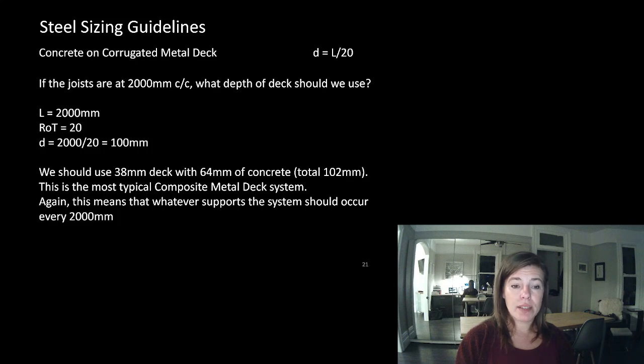The metal deck on its own is usually our roof system. So if we're talking about these being used in the range of normal, these sizing guidelines know that we're talking about different loads. Even though there's no loads in these calculations, we know that metal deck by itself is normally a roof and concrete on metal deck is normally a floor. So for both systems, our roof and our floors are going to have a decking system on them, and the things that support it need to be around 2 meters on center.